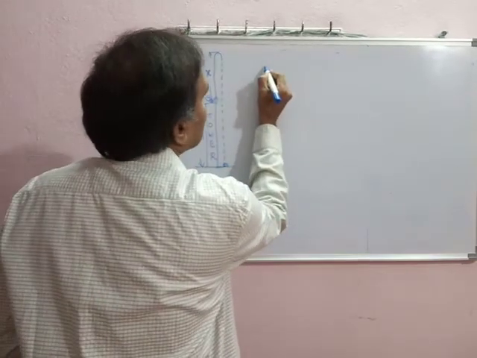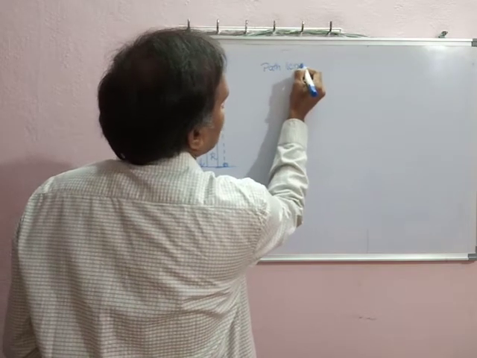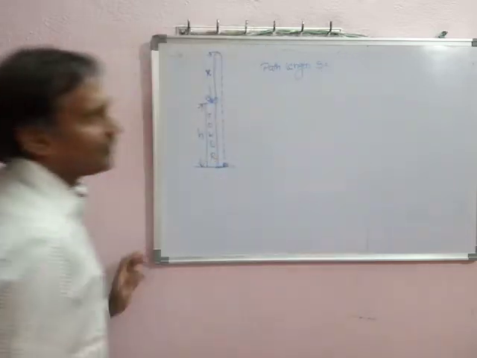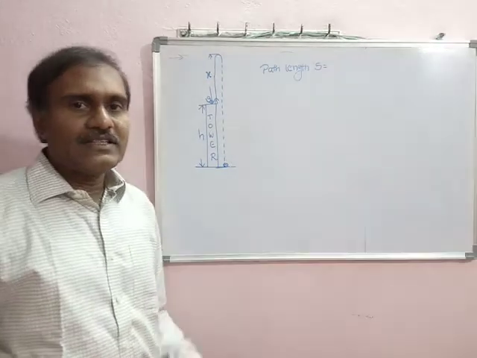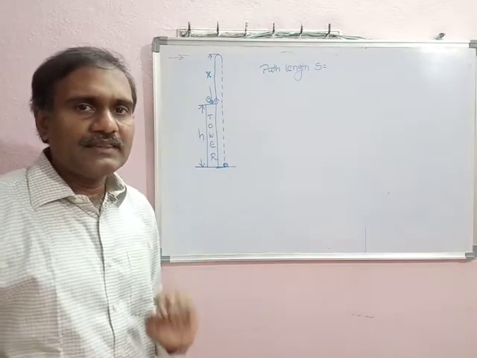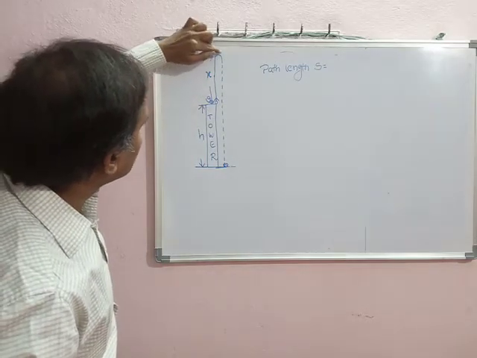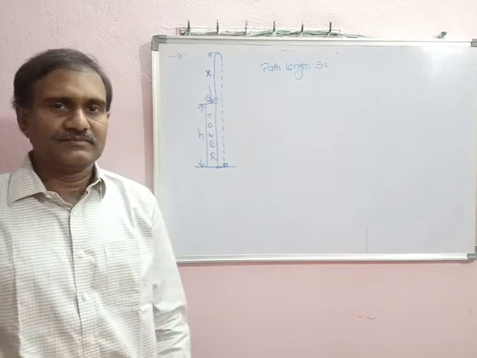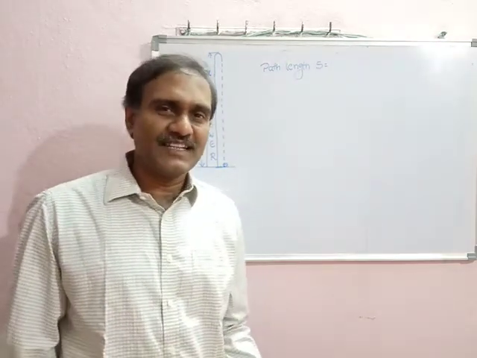Now you find out the path length traveled by the particle. Path length, S, is equal to how much? Path length means the actual length of the path traveled by the particle. What is the actual length of the path traveled by the particle?